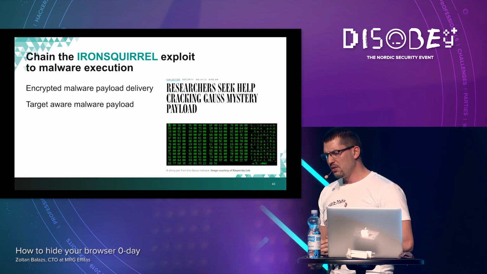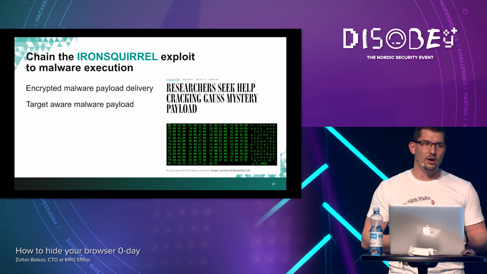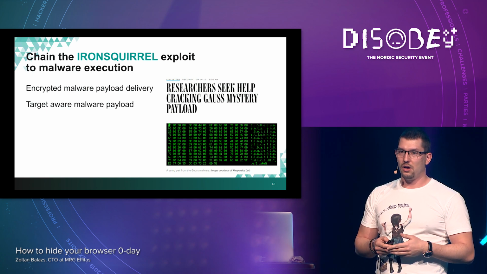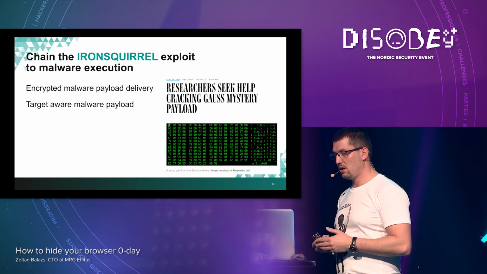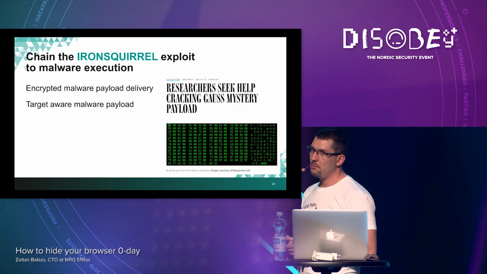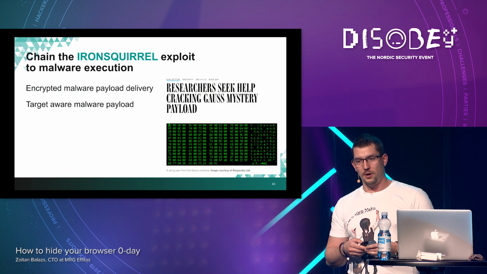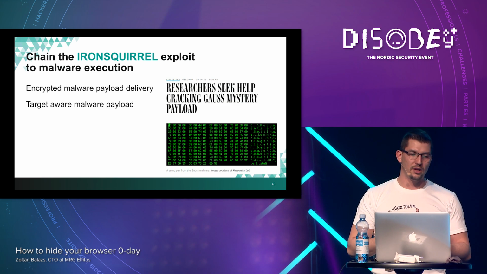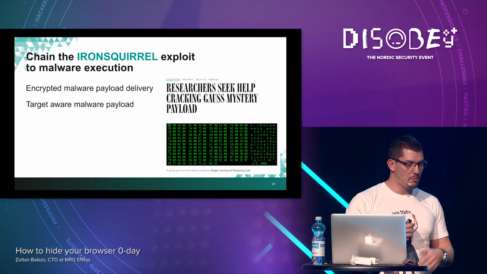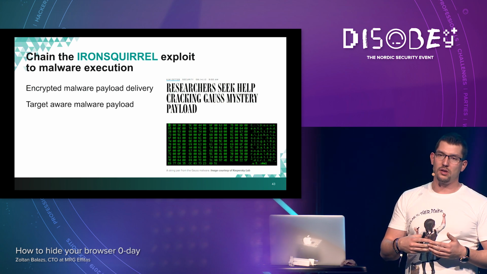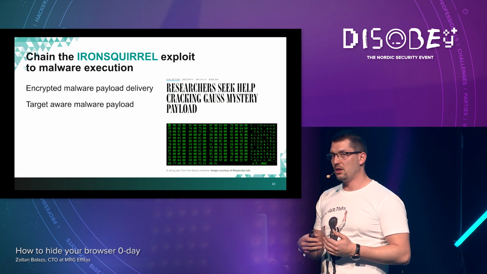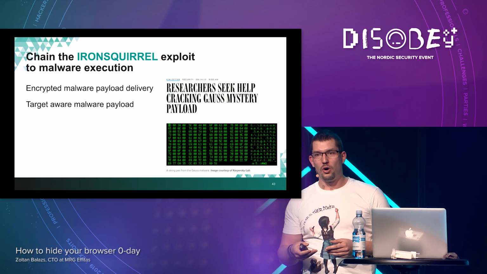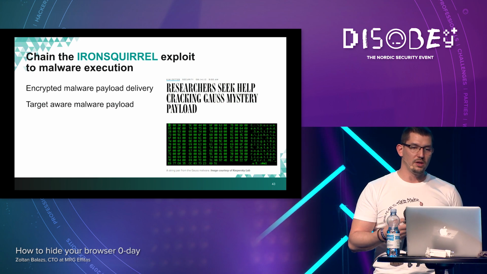It's not just that the malware cannot be seen on the wire because it is encrypted, but this malware itself is a so-called target aware malware, which means that it has some parameters built in inside, and the whole malware is encrypted basically with this parameter. And if it cannot find this parameter on the machine it is running on, it won't be able to decrypt itself.